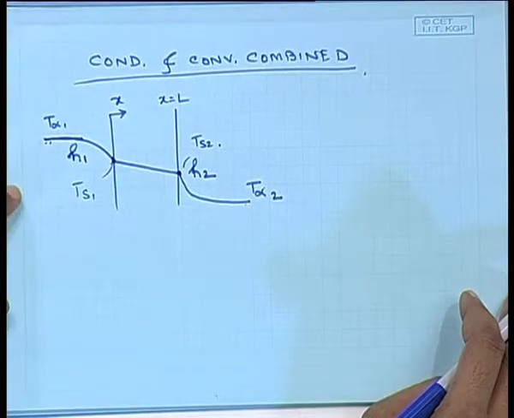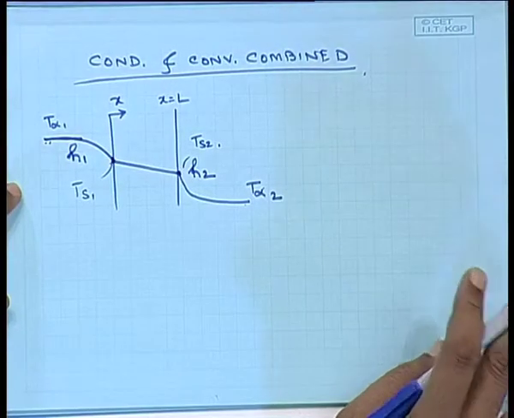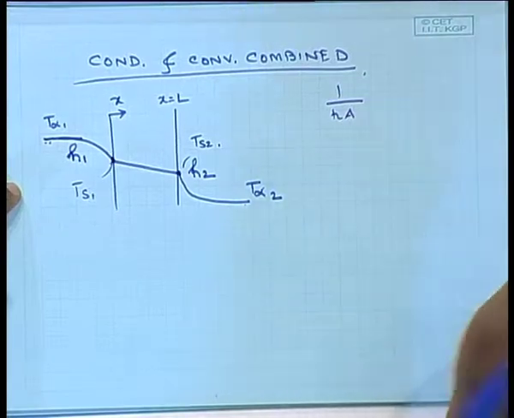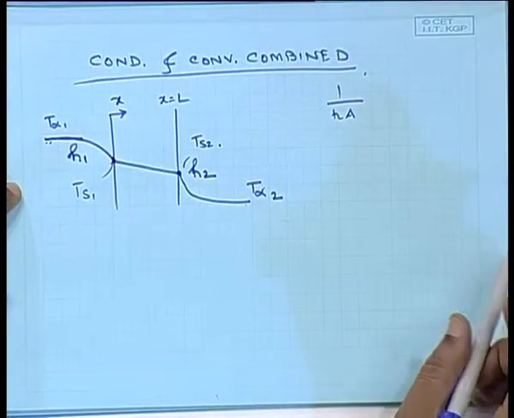How many resistances do I have? 3. Are they in series? Okay, they are in series. So we know the conductive heat transfer resistance is going to be delta x, which in this case is L by Ka. What is the convective resistance to heat transfer? 1 by h, or 1 by hA if I write it in terms of the total amount.